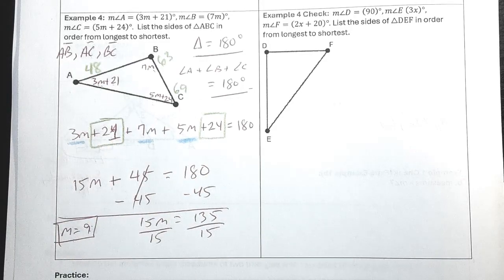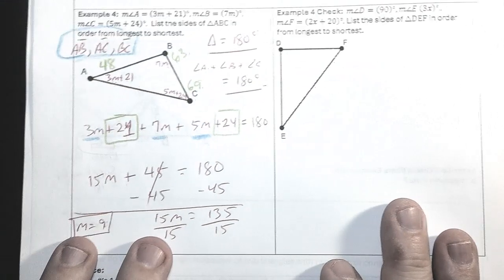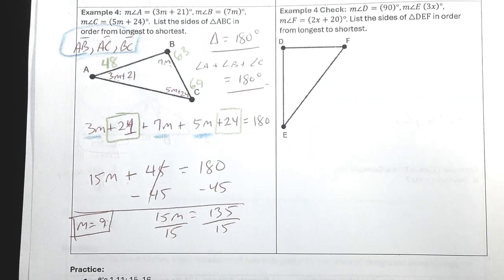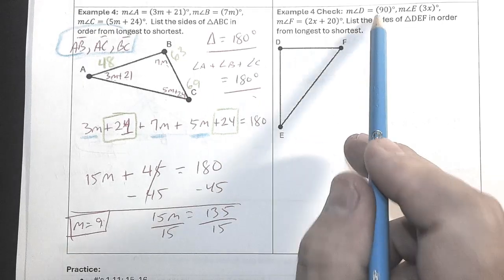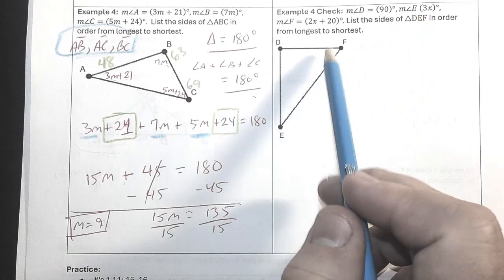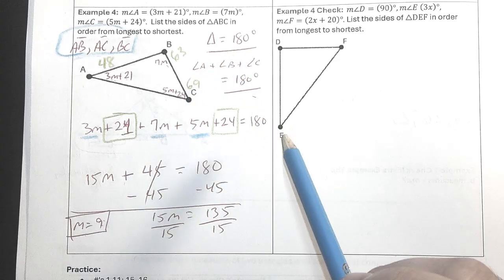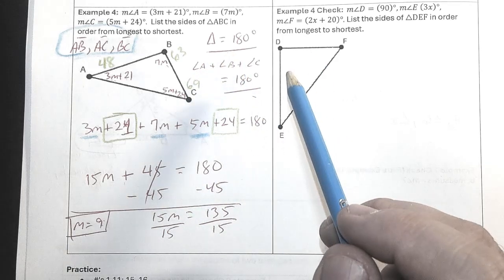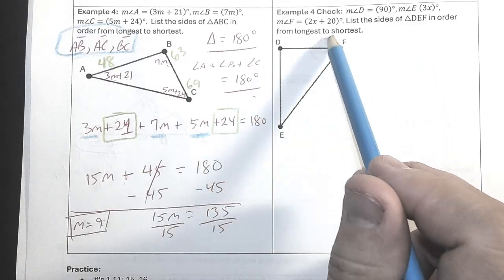But just make sure you know. That's the answer. Okay, so you guys do the same thing over here. You got angle D, angle E, and angle F. You know that a triangle equals 180. So solve for x, plug it in, and then give it in order from longest to shortest.